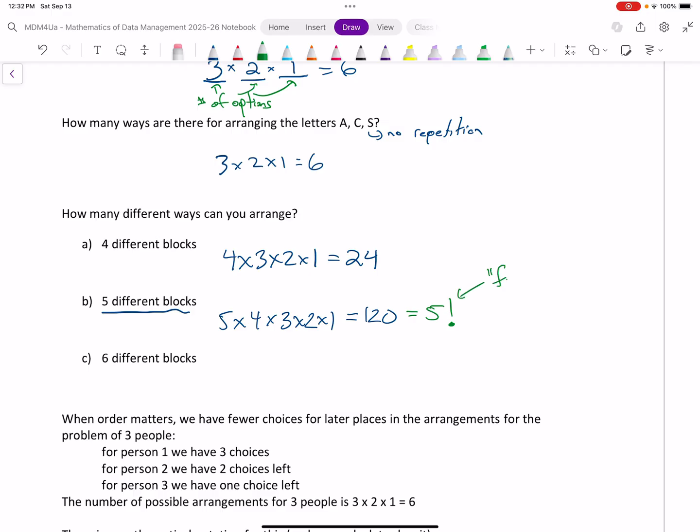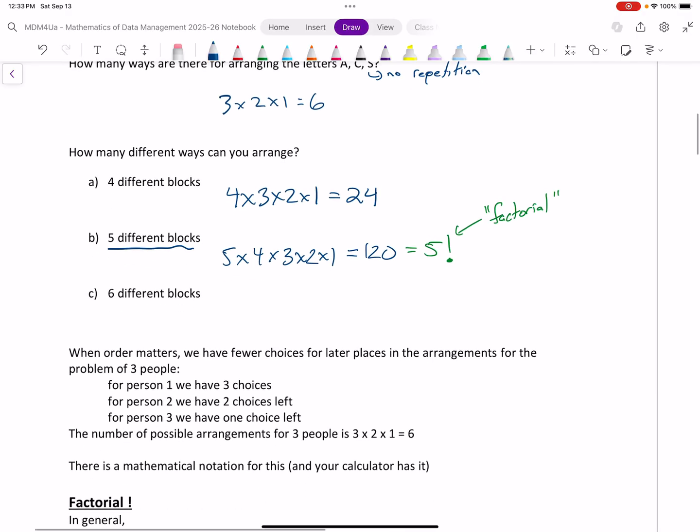And so this looks like you're screaming the number 5, this exclamation point, but it represents factorial. And what it represents is that you are taking that number and then multiplying it by 1 less than that number, and then multiplying it by 1 less than that number, and so on until you get to times 2 times 1, or times 1 if you want to think of it that way.